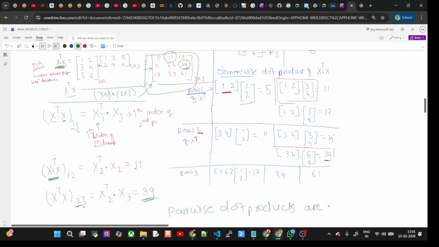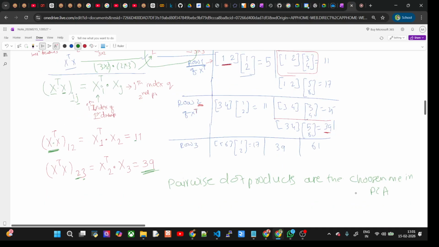These pairwise dot products are the chosen option in PCA, in the higher dimensions.